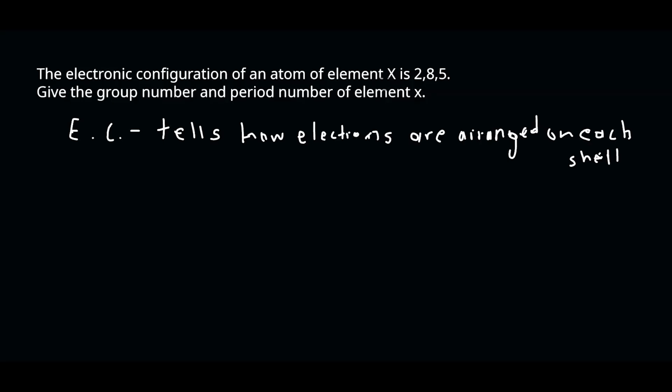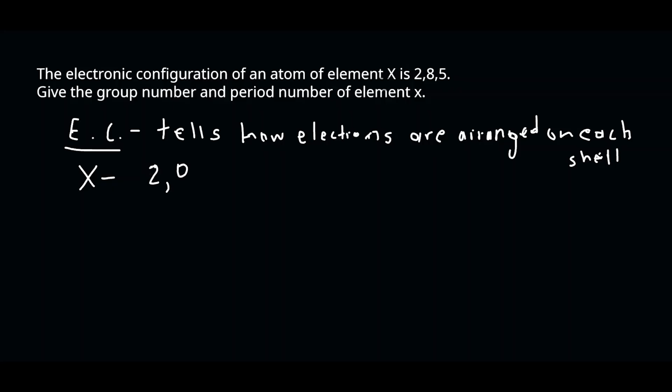The question mentioned electronic configuration, so we know what that is. It says the electronic configuration of an atom X, so the atom is X. And they say it's 2, 8, 5.